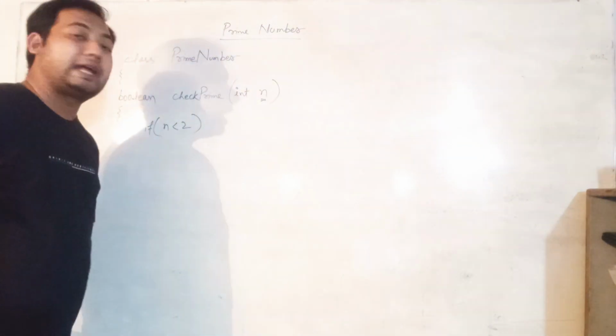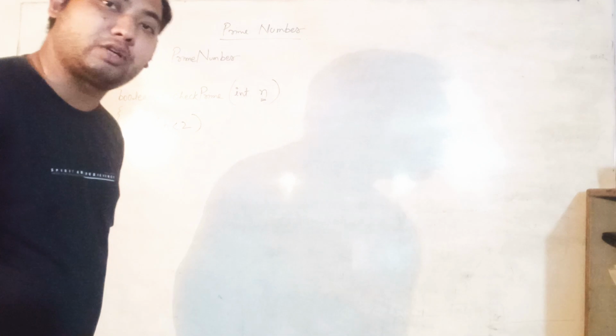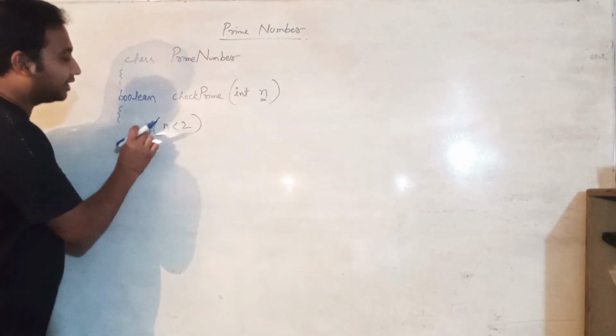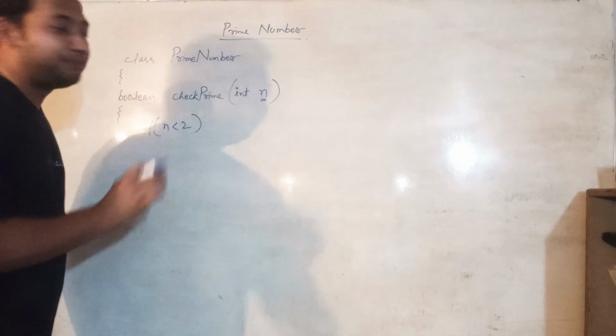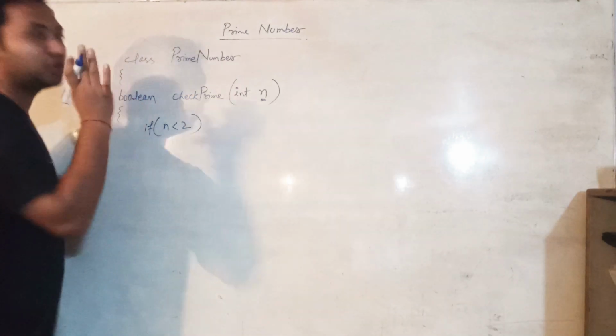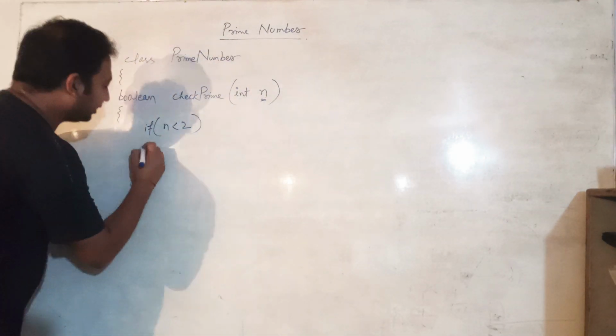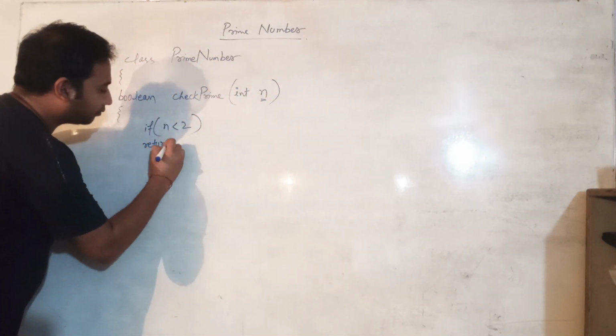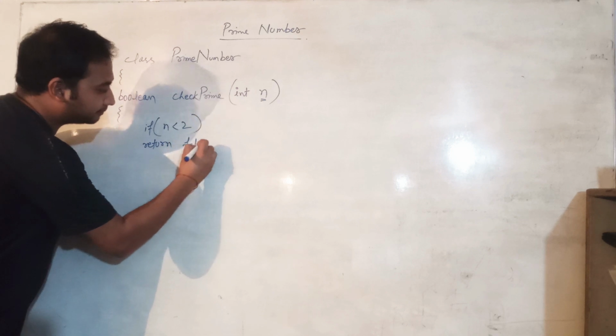Are you getting it? And if so, then it is obviously not a prime number. So first of all, we are checking a condition: if n is less than 2, then return false.